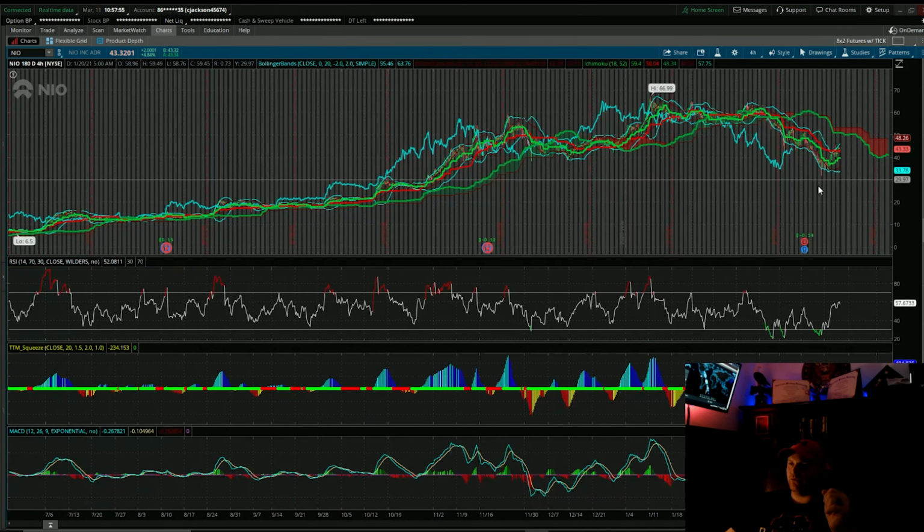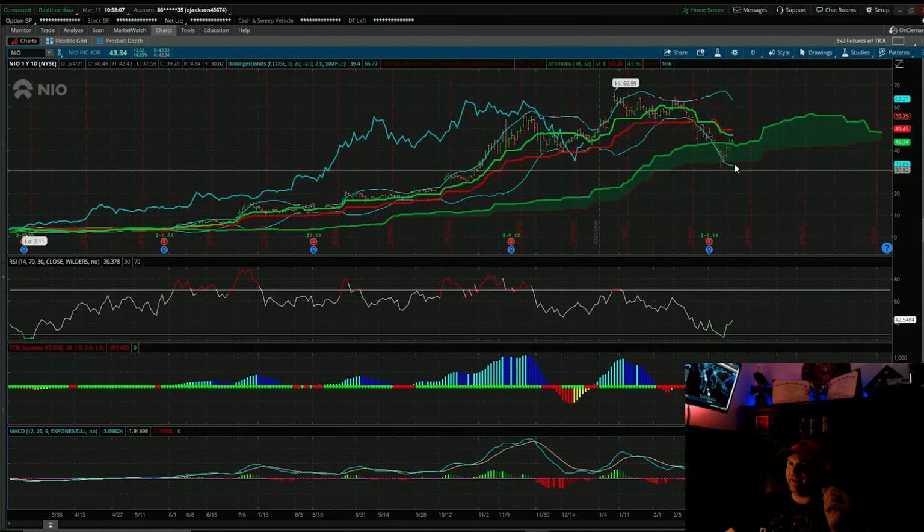And we take a look at the 4-hourly and we can kind of see it's actually in bearish territory. There's some strong resistance right here in the 40.57, 48.71 area. But like I said, in the long-term daily, it looks like NIO may just be a good position to get into.